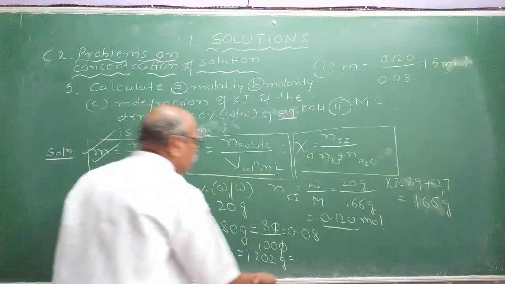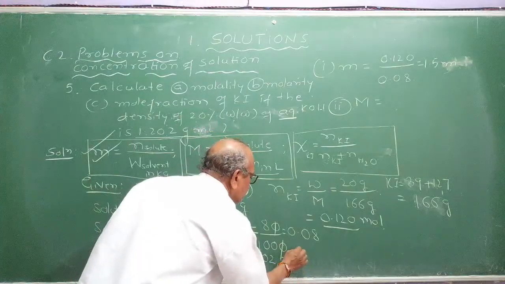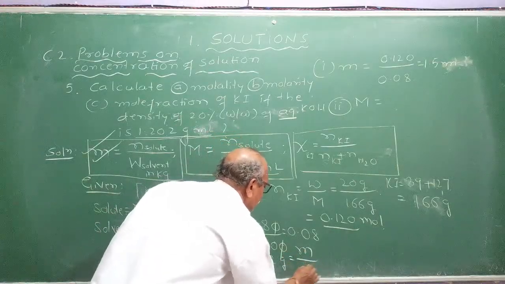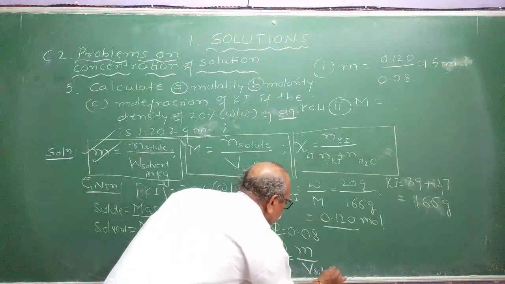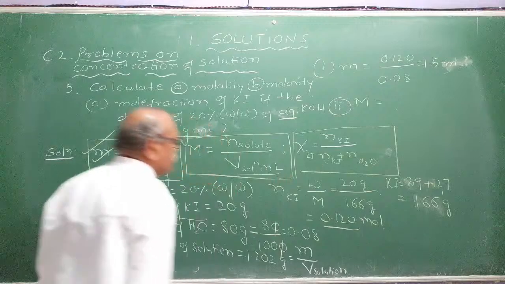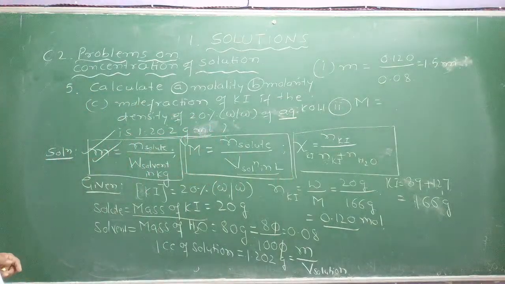Means density is given by mass divided by volume of the solution.